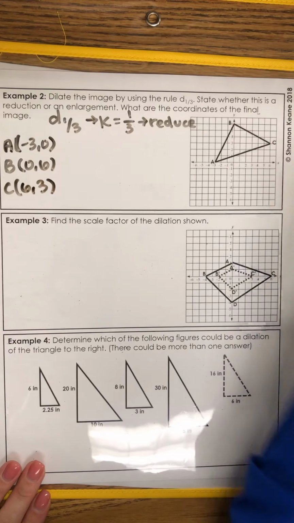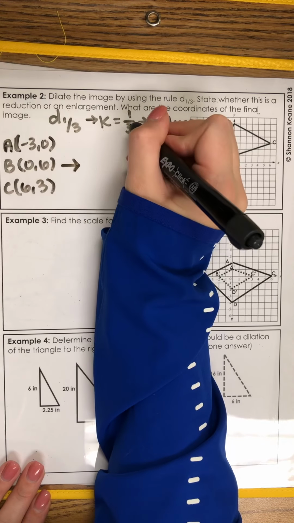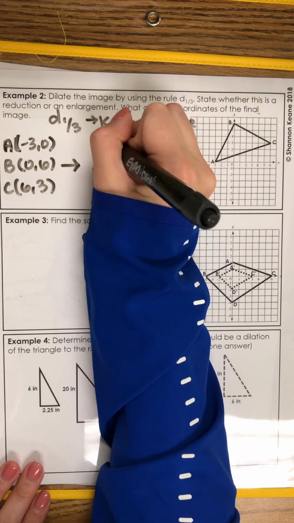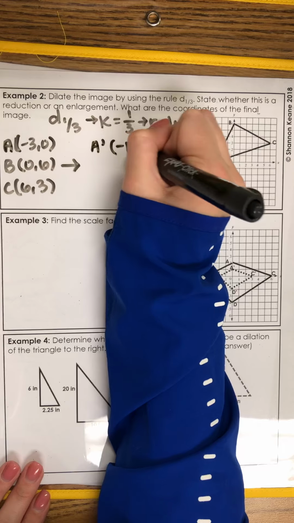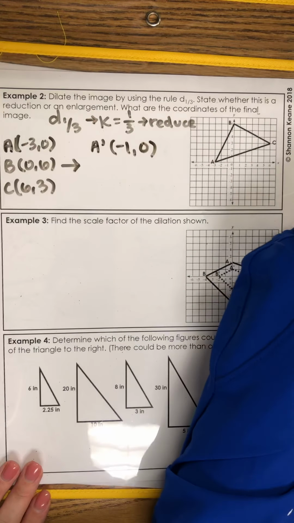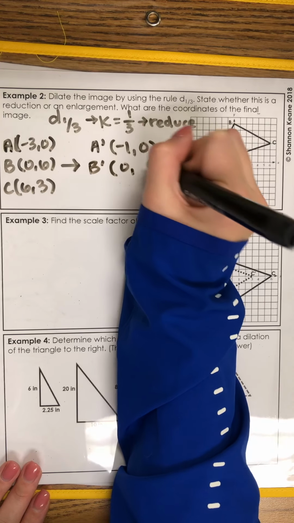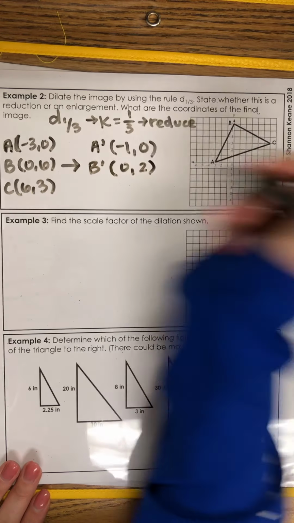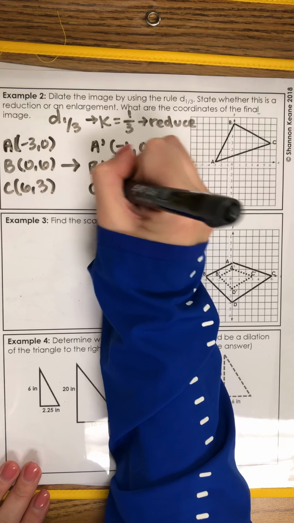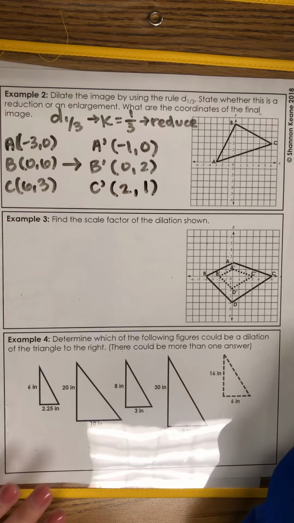Okay. Then we're going to multiply each coordinate by our scale factor. So A prime is going to become -1, 0 when we multiply both coordinates by 1/3. B prime is going to become 0, 2. And C prime is going to become 2, 1.